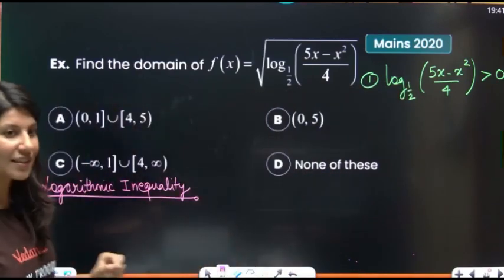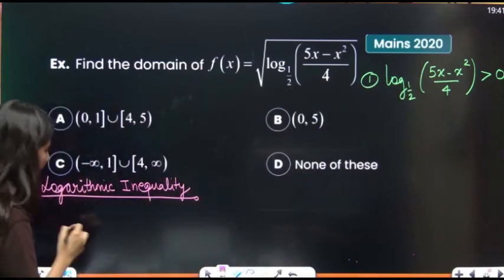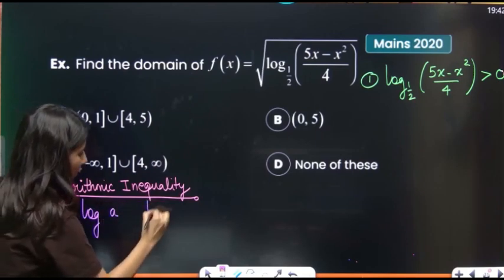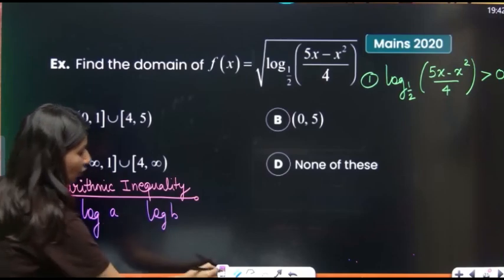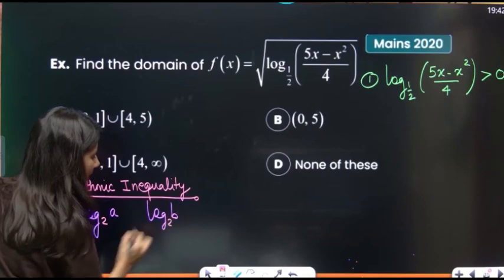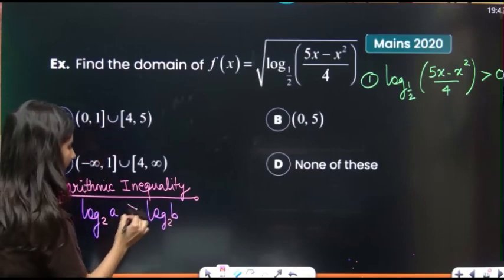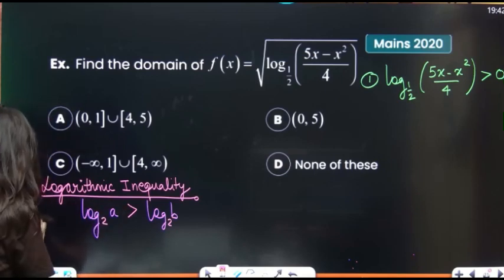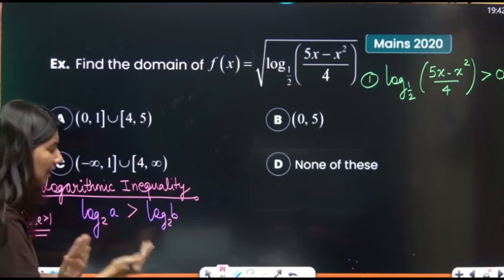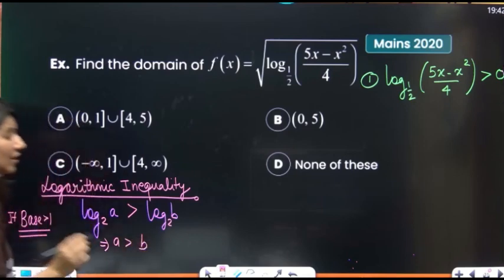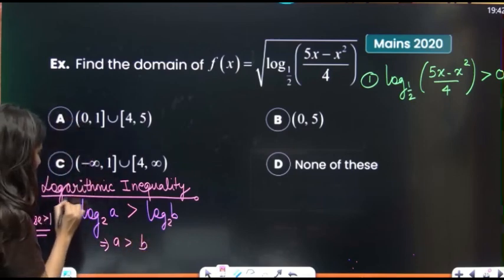Logarithmic inequality says when you have log A and log B with the same base, suppose 2, and there is a greater than sign, since the base is greater than 1, simply remove log from both the sides. This will give you A greater than B. There will not be any sign change. This is your first scenario.